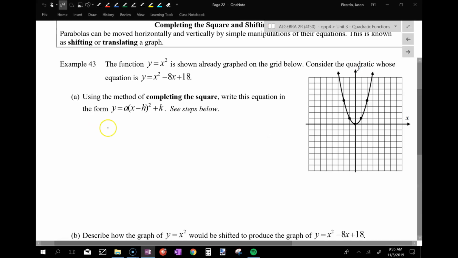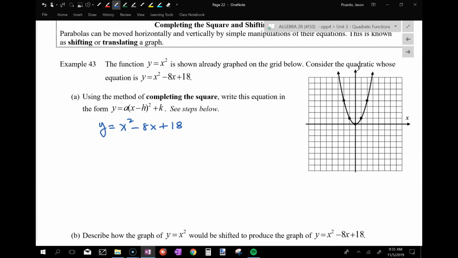We have this. All right. And what I want to do is use the technique of completing the square to answer this question.